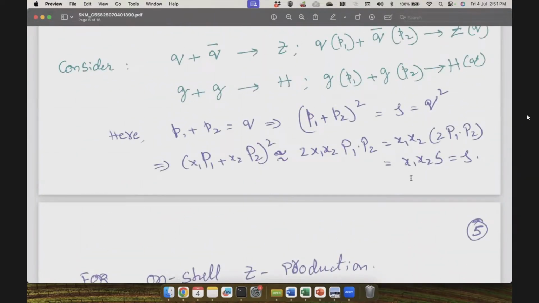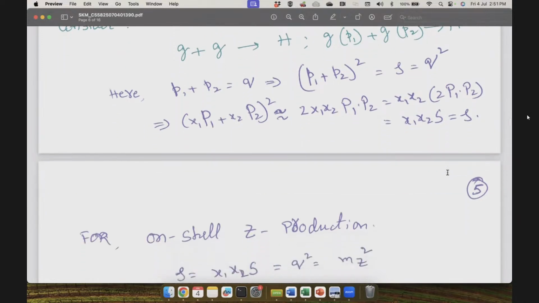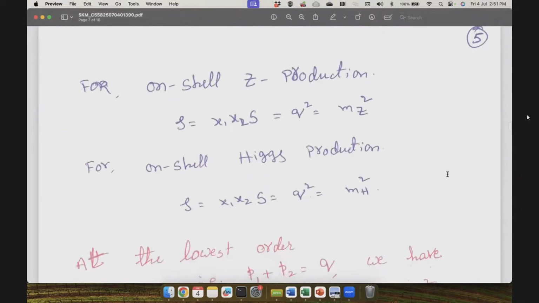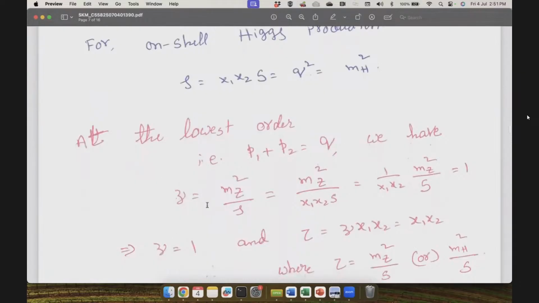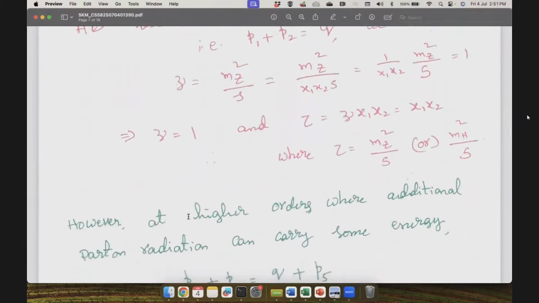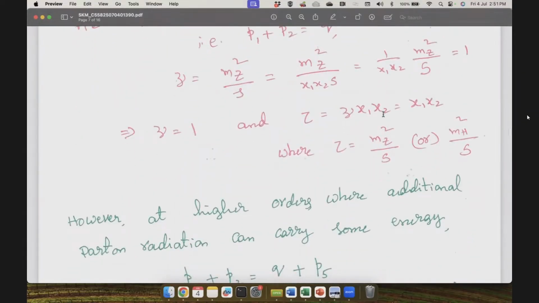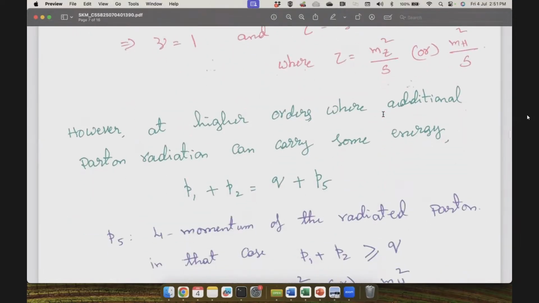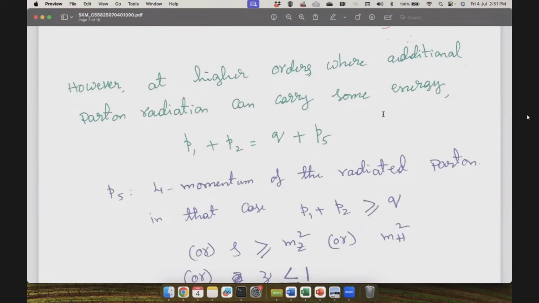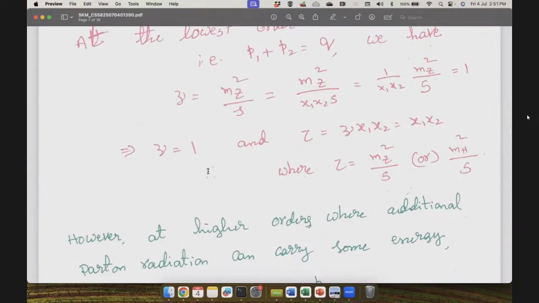Because the momentum fractions x1 and x2 keep changing whereas capital S is fixed, small s is not fixed, and as a result z is also not fixed. So z, x1 and x2 are dynamical variables. At the leading order, z equals exactly 1. There is no other way because all the momenta are fully constrained.